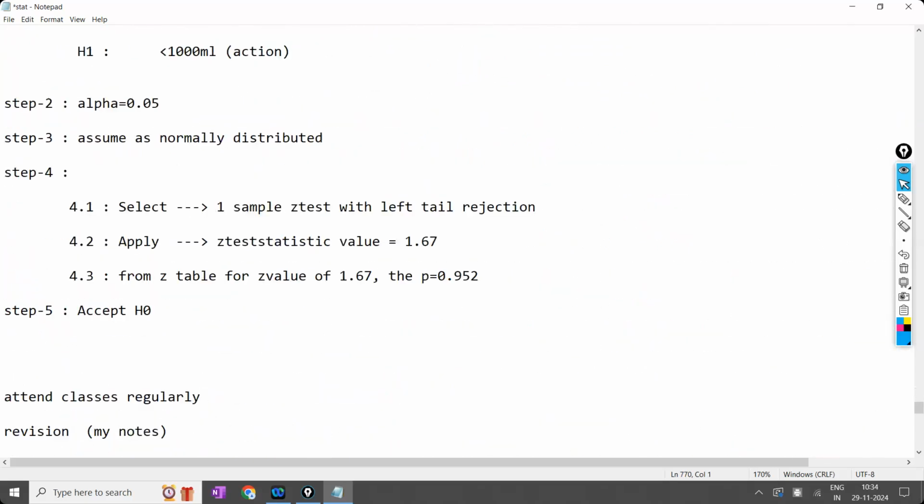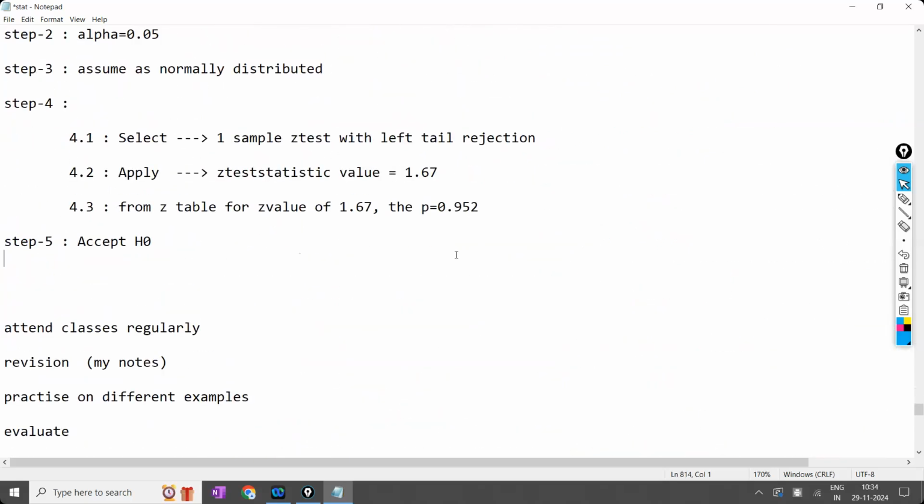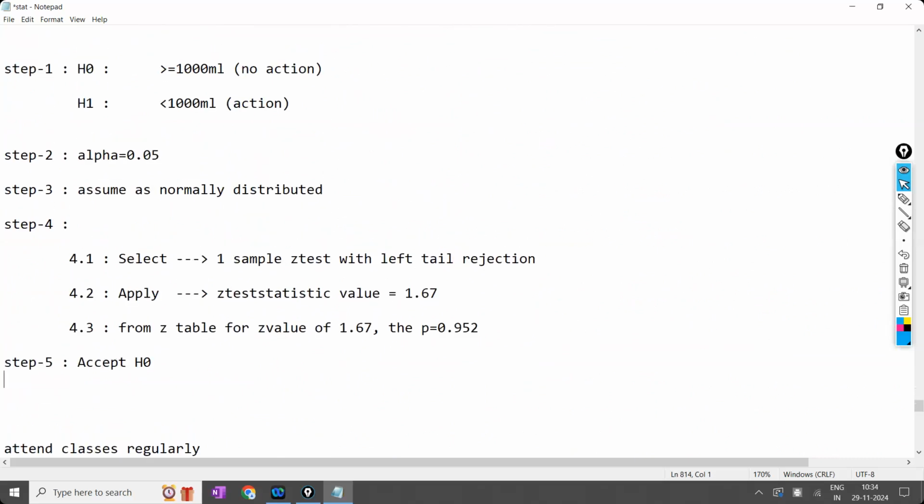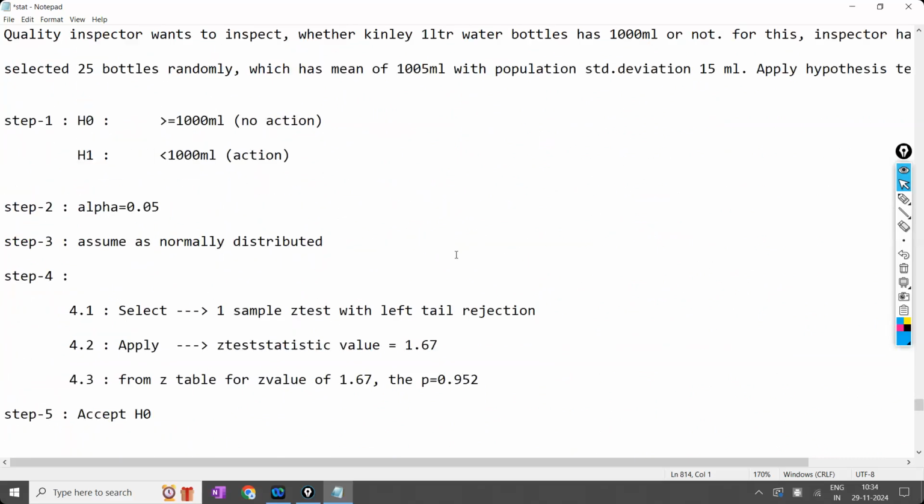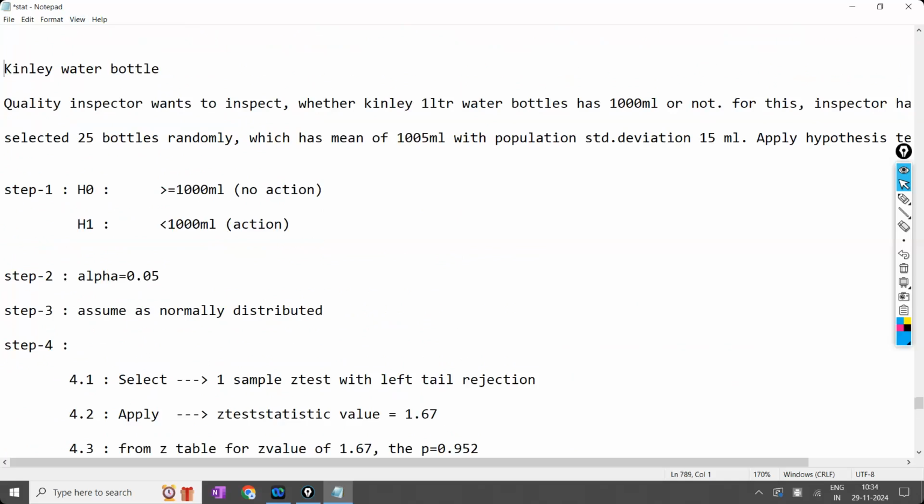Okay, now, what is the question? You have a Kinley water bottle. Take this as question number 1. A quality inspector wants to inspect whether Kinley 1 liter water bottles have 1000 ml or not.